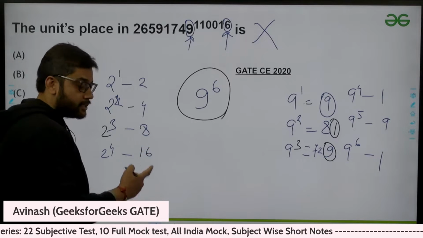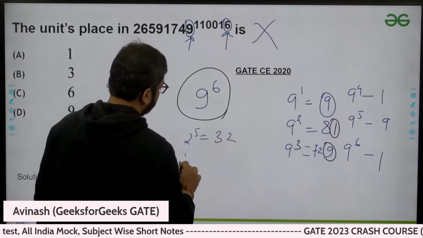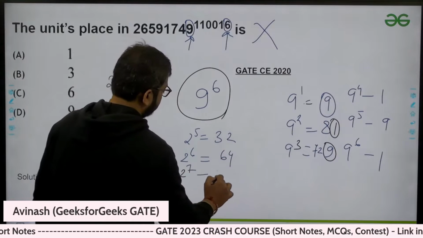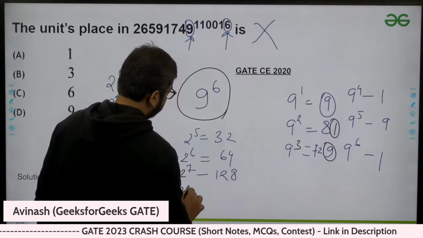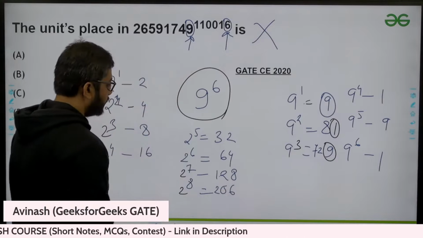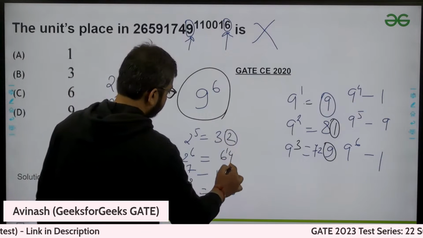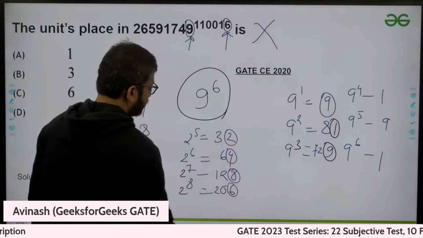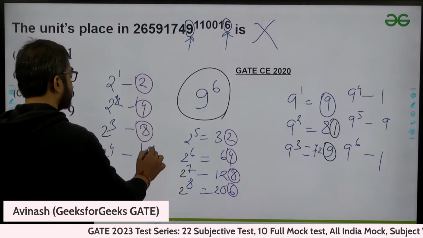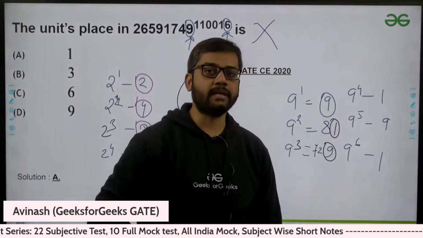Again check, 2 to the power 5 is 32, 6 is 64, 7 is 128, 256. See this again: 2, 4, 8, 6. So this is called cyclicity. After a certain point, a number will repeat its last digit again and again.